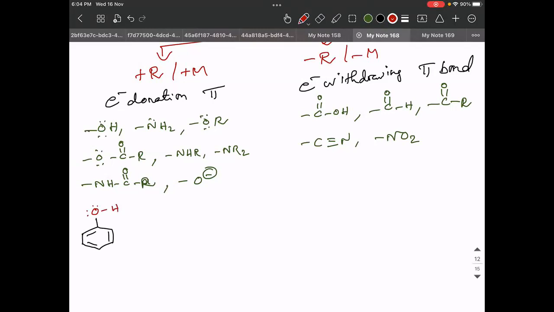When there are more lone pairs, it can donate electrons to this ring. Then what happens? When it polarizes completely, it gives double bond OH plus. Because this electron shifted, there is a minus charge at this position and a bond here. Then what happens next? It goes to this place. It gives minus charge over here, double bond over here, double bond over here, OH plus.